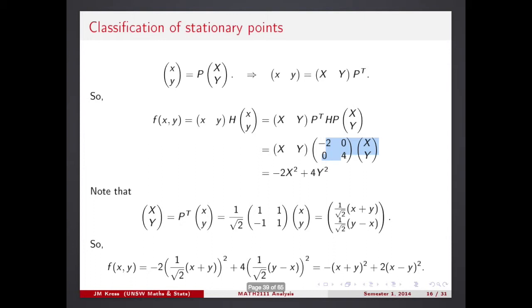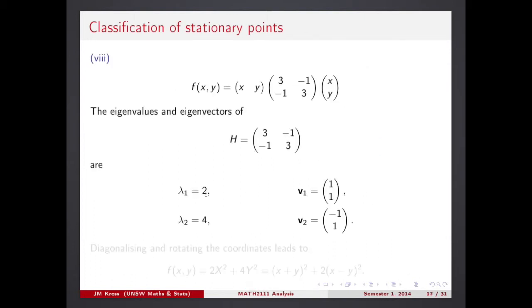In the second analysis we did for this function, the eigenvalues were 2 and 4, and we got 2 pluses. So as a matter of fact, everything is linked to the eigenvalues of the matrix H, which appears if you convert your homogeneous expression of the second order into the matrix form.